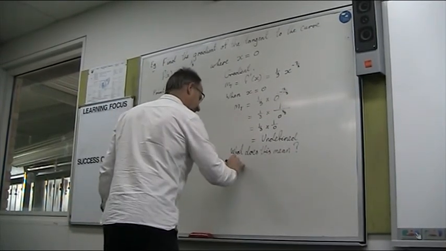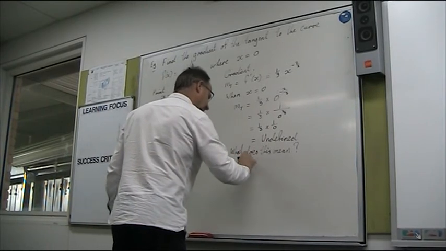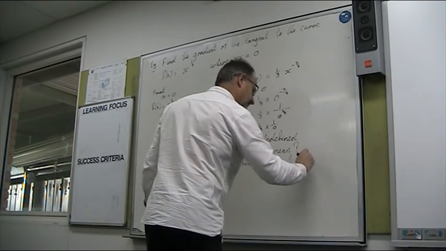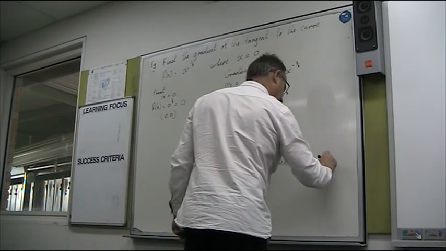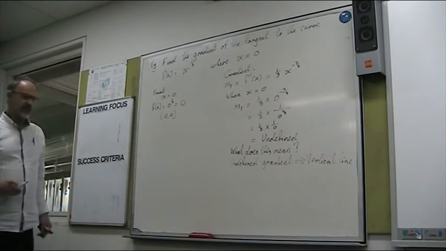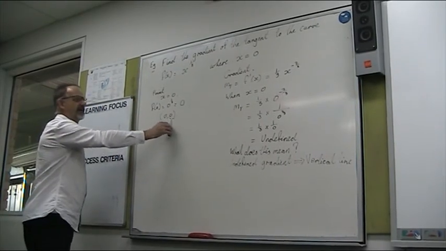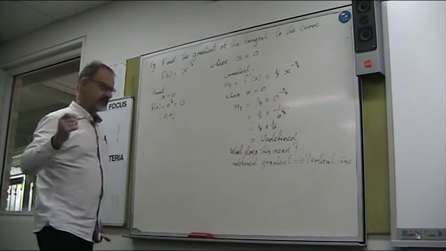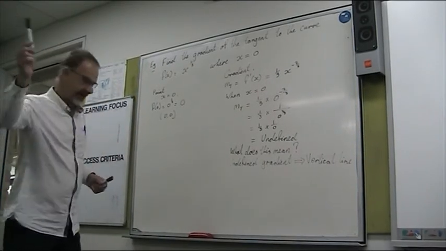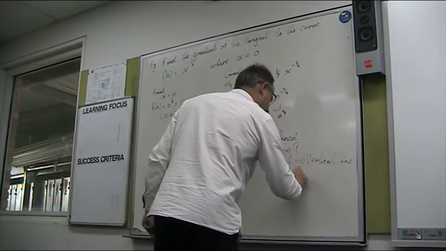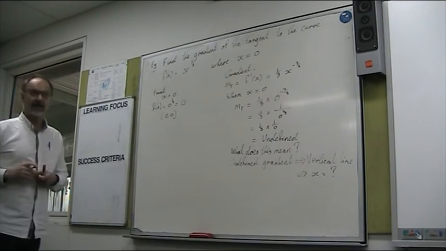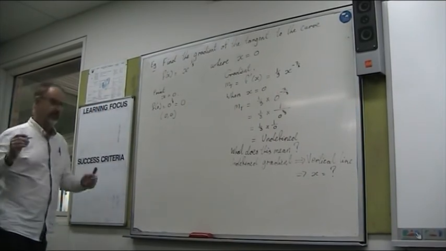Undefined gradient means vertical line. Okay, so a vertical line that goes through the origin, well, all vertical lines, what's their equation? It's x equals something. And so in this case, x is going to be equal to 0.